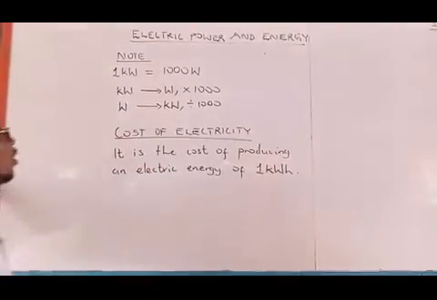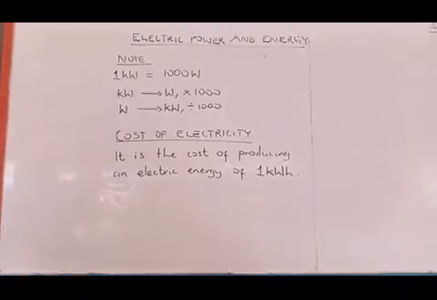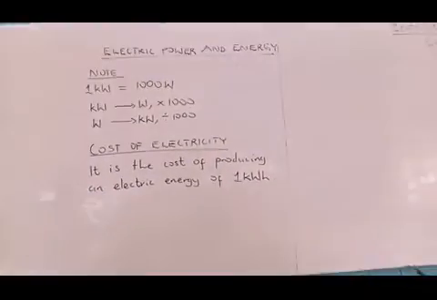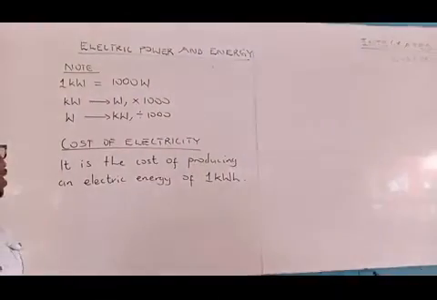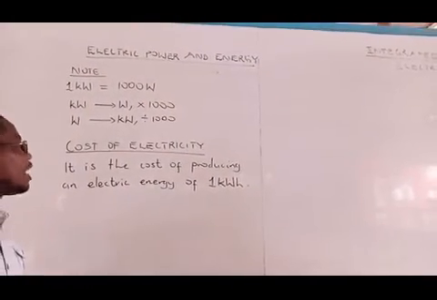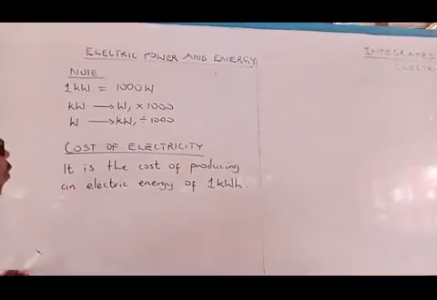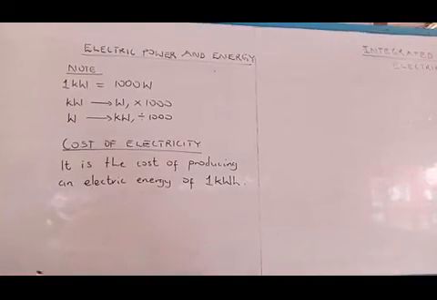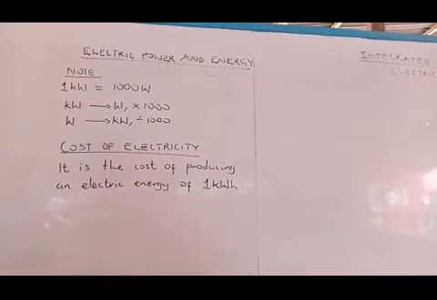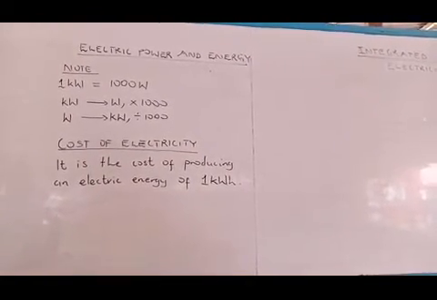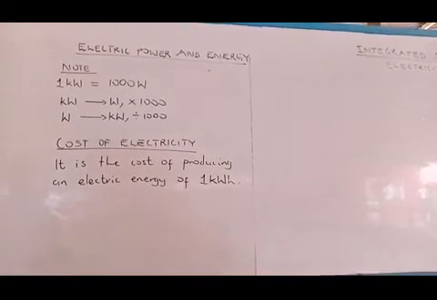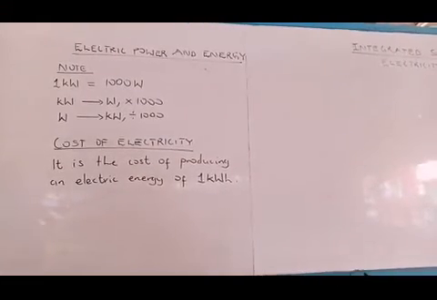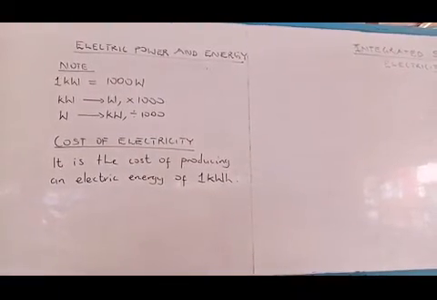So the cost of producing electric energy of 1 kilowatt hour is what we refer to as cost of electricity, or otherwise you can say it is the cost of generating electric power of 1 kilowatt in 1 hour, or the cost of producing electric power of 1000 watts in 1 hour. That's what we refer to as cost of electricity.